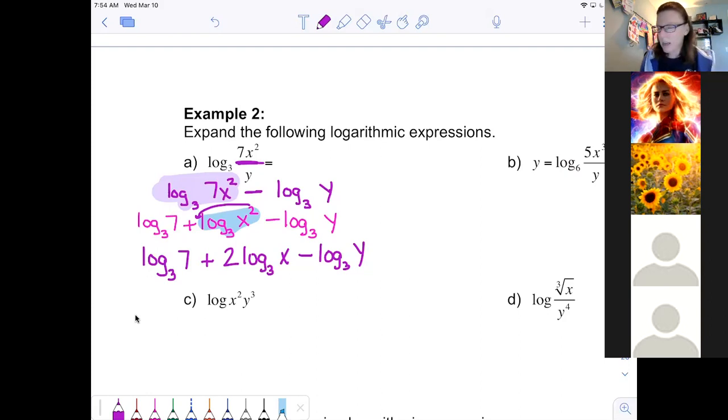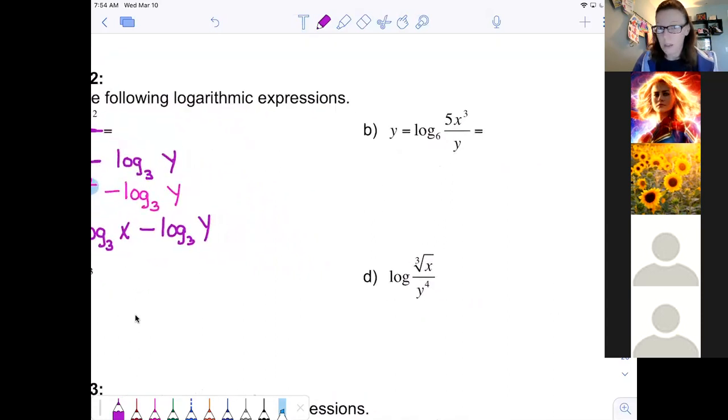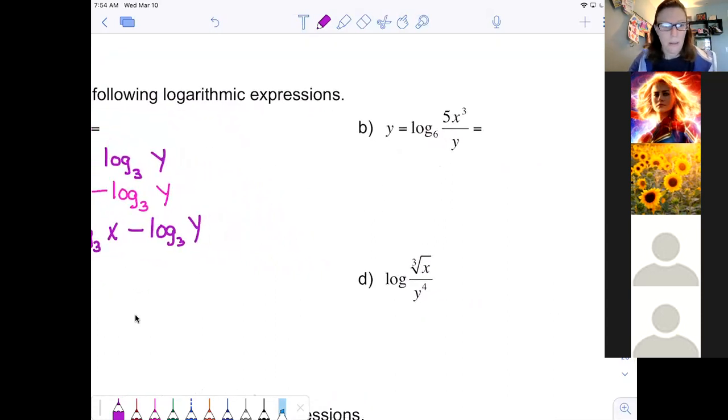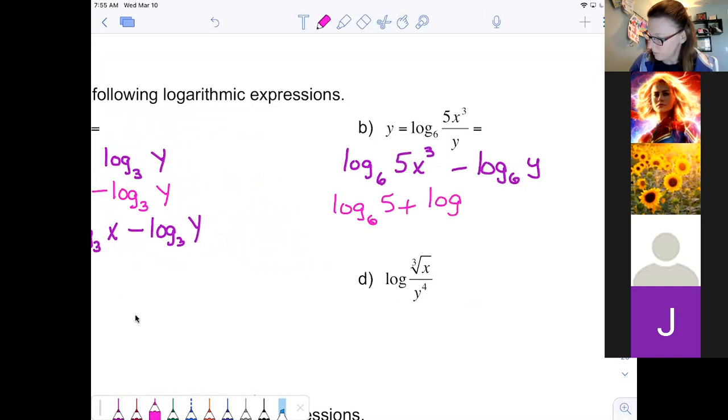All right, Jordan, let's see how you did with B. What would you do first? First, I did log base 6, 5x cubed minus log base 6 y. Good. And then what's next? Log base 6, 5 plus log base 6 x cubed minus log base 6 y.